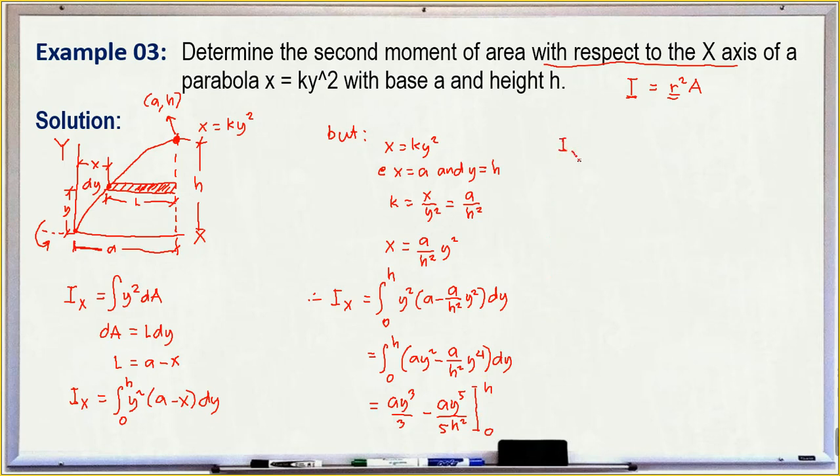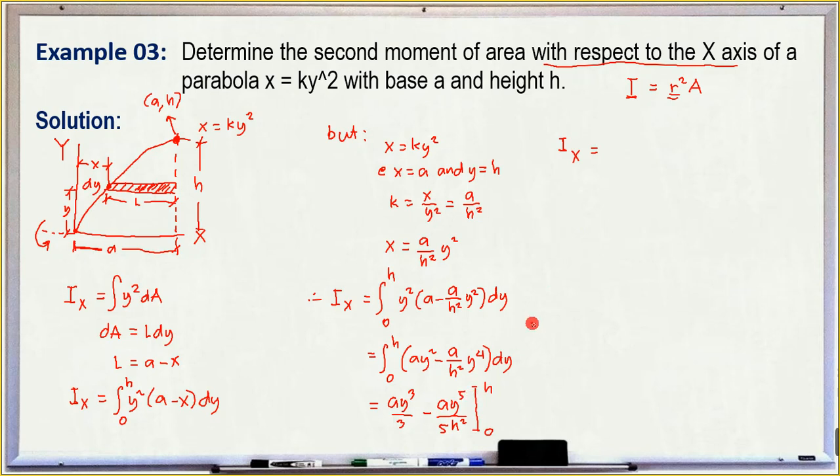Now, if we evaluate these two terms at 0, they automatically become 0. So we only need to evaluate these two terms at y equals h, because setting y equals 0 makes both terms 0.